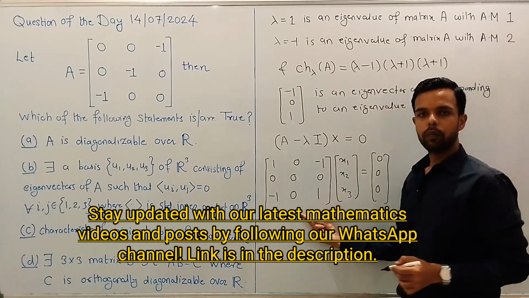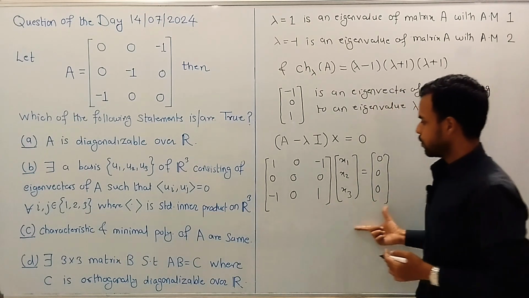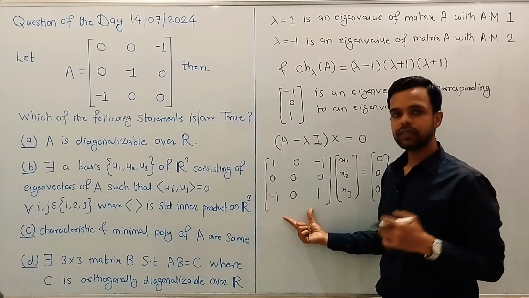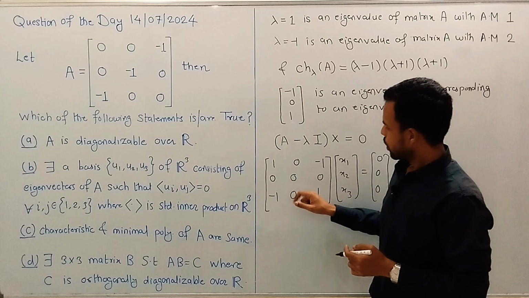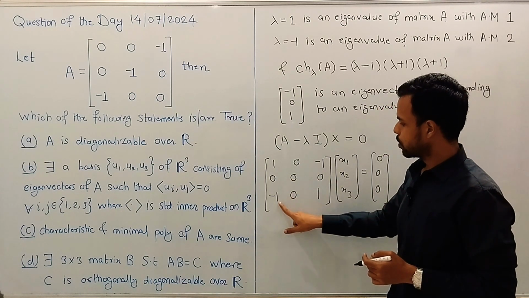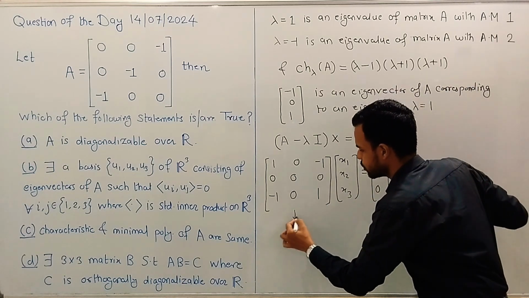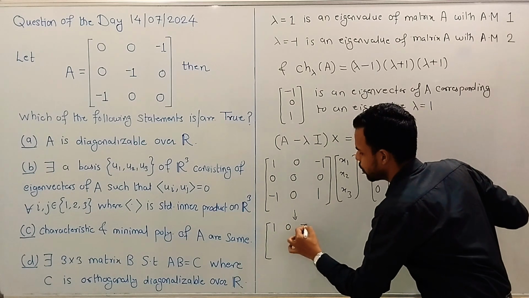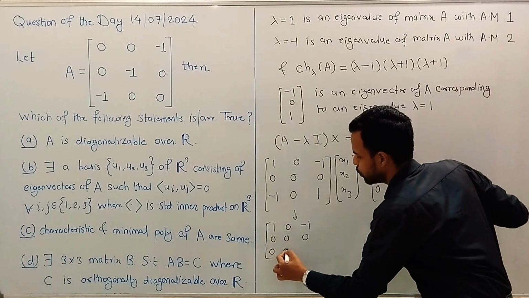We have to solve this homogeneous linear system. Again, we will reduce this coefficient matrix to echelon form by using standard elementary row operations. Let's add the first row to the third row. So this system will become 1, 0, minus 1, 0, 0, 0, 0, 0, 0.